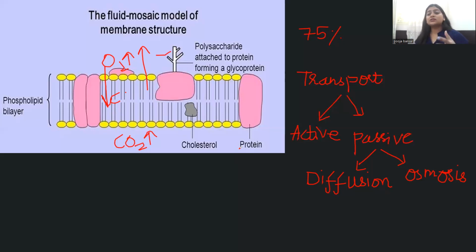But suppose now water has to move, something in solvent state, in liquid state. Solvent molecules have to move. So they will move through the semi-permeable membrane by the process of osmosis. Am I clear?